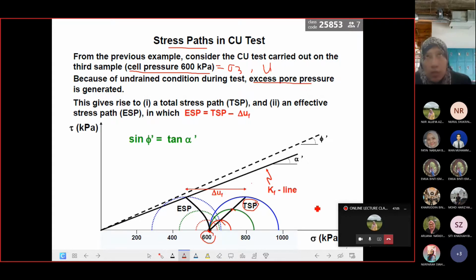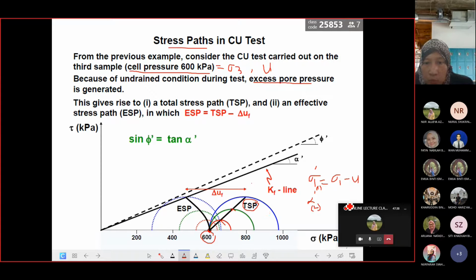Maknanya katakan kalau you remember what is exactly the sigma 3, the sigma 1 untuk efektif, maknanya sigma 1 efektif is equal to total stress 1 tolak dengan U. Ini kalau you ada sampel pertama ni dia kenakan dengan nilai 700 kPa contohnya. Lepas tu sampel kedua dia kenakan kPa dalam 800 something.